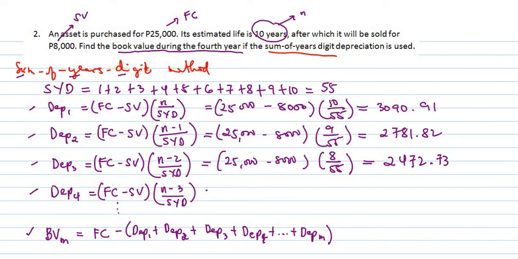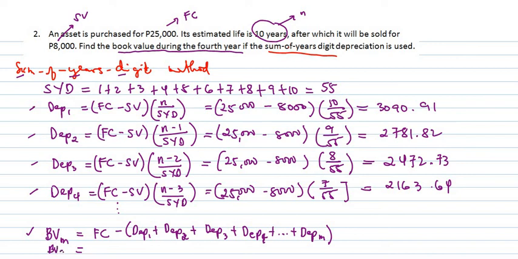And then the fourth year depreciation, that is 25,000 minus 8,000, multiplied by 7 over 55. That is equivalent to 2163.64.